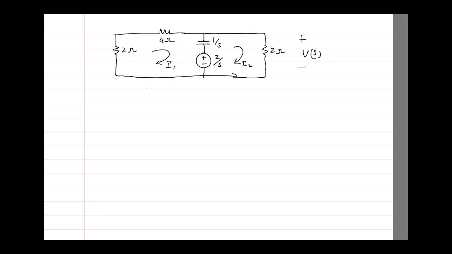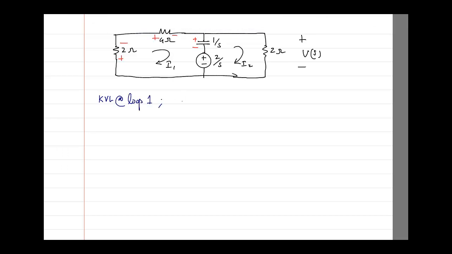Now I can take the current here as I1 of S and I2 of S. I am writing in bracket S just because the equation I don't want to make it lengthy. Now if I am going to make this as plus minus, this as plus minus, this as plus minus because of the direction of the current, then I can basically write KVL at loop 1.